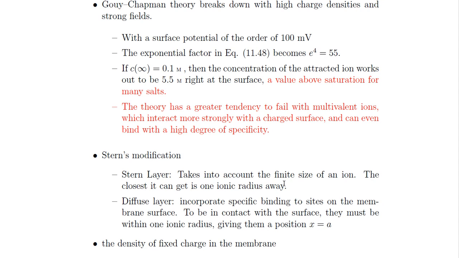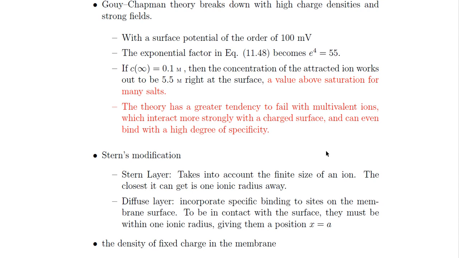So if we have a picture, it is easier. The membrane and the ion. Okay, so the ion can arrive at the membrane, touching the membrane with this radius, its radius.